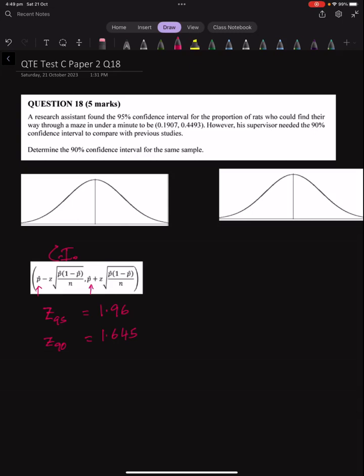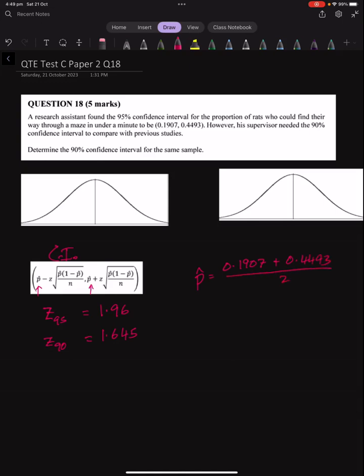The p-hat we've been given, or we haven't been given, but we can work out. Confidence intervals are symmetrical. So p-hat is going to be halfway between 0.1907 and 0.4493.